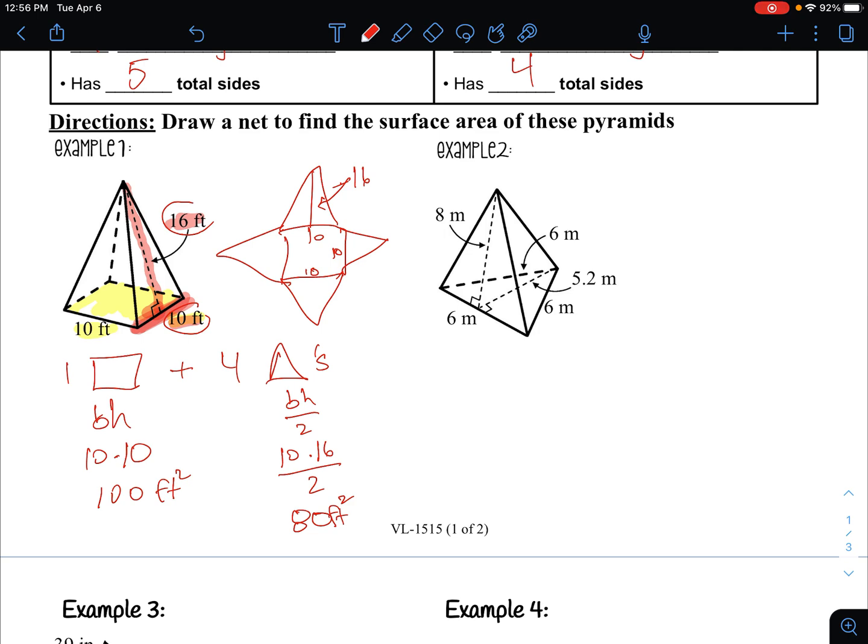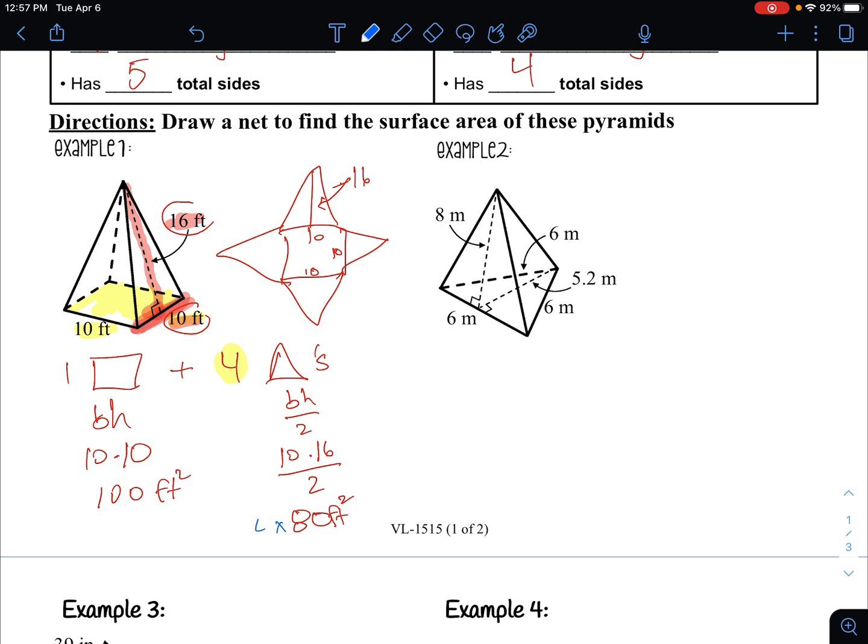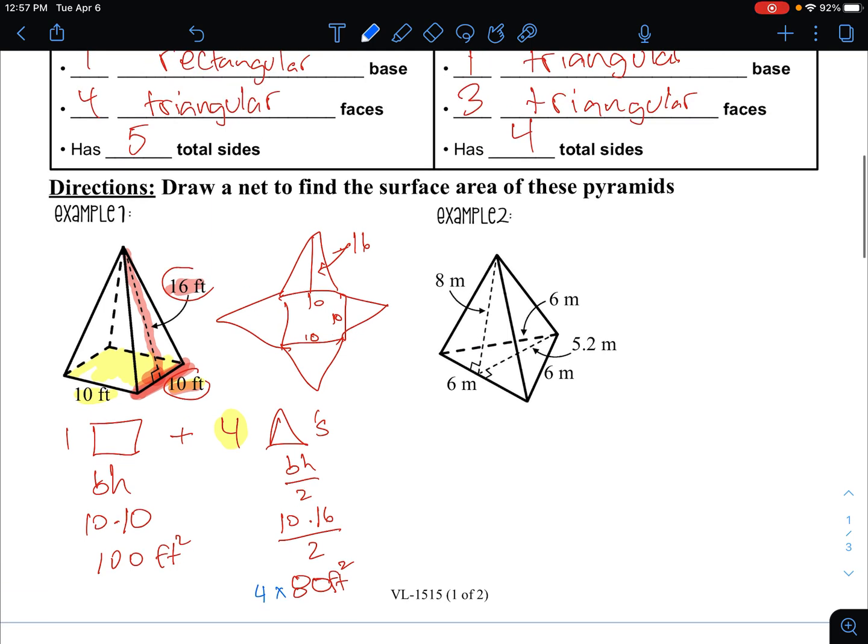Now, remember that there are four of them. So what you're going to want to do is multiply this by 4. You can also just say, well, this is 100 right here, and this is 80, and this is 80, and this is 80, and this is also 80, and add all those numbers up.